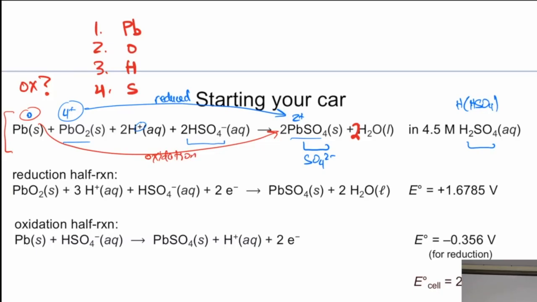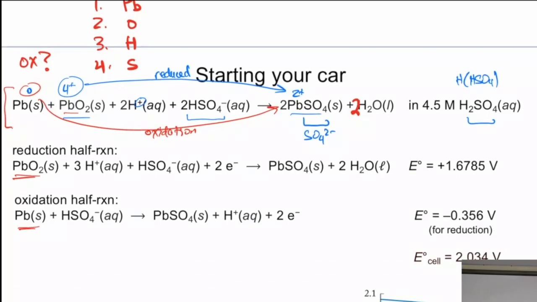We have 2 forms of it, and one's being oxidized and one's being reduced. And they each have their own different reduction potentials, and here they are listed for you. So in the reduction half reaction, here's your PbO2, your lead 4 oxide, being reduced. And here your lead solid is being oxidized, just like we deduced from the overall equation.